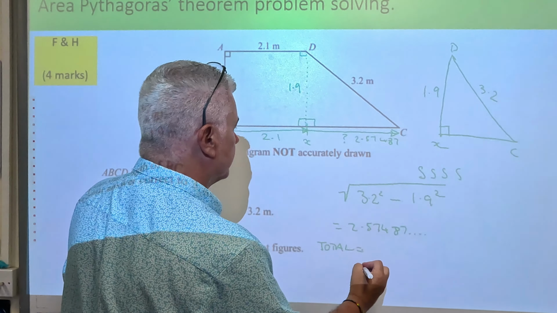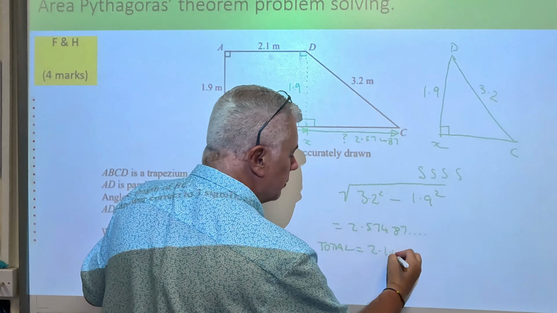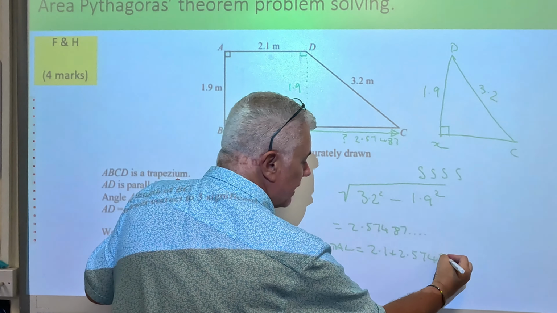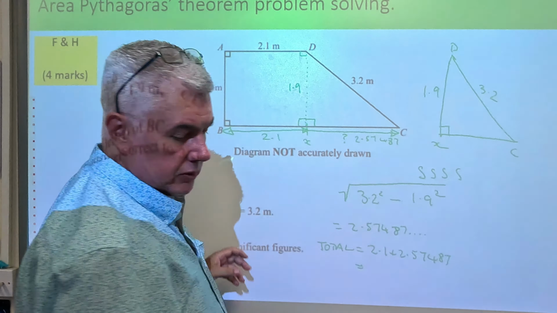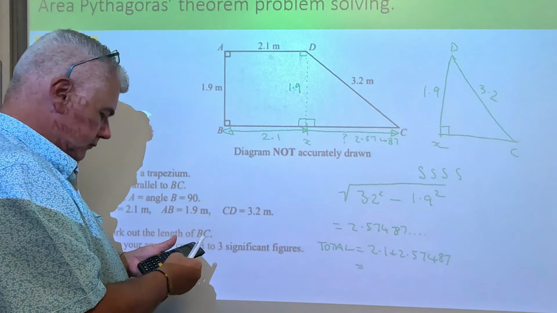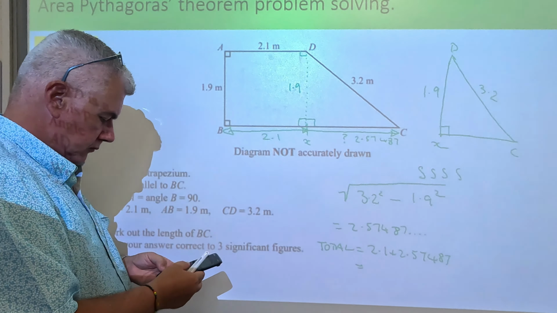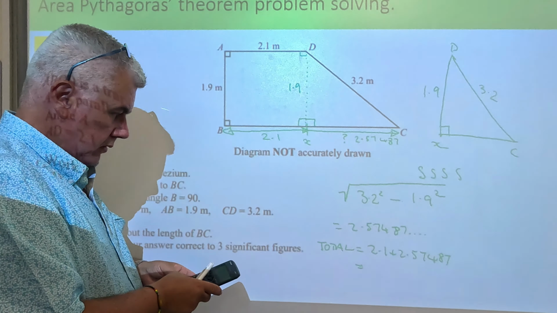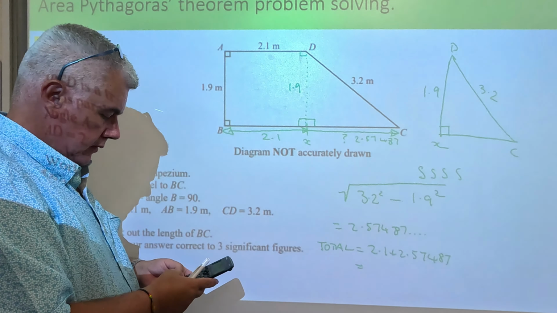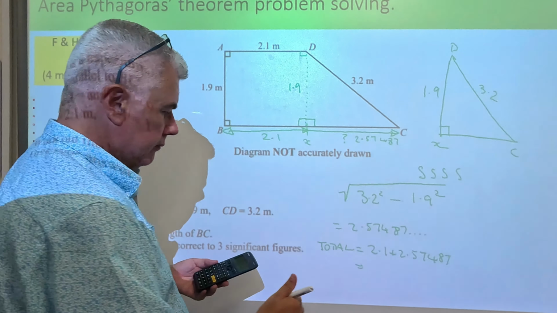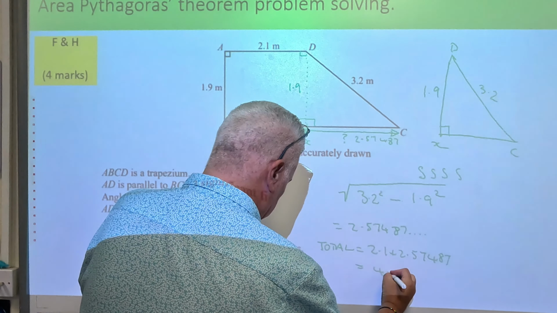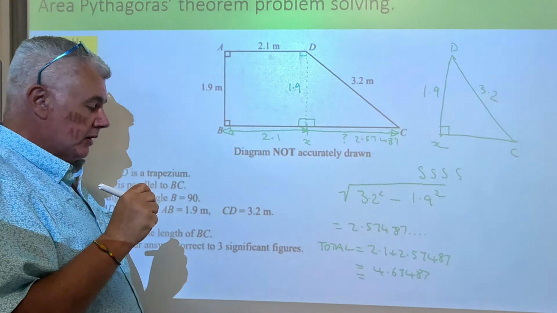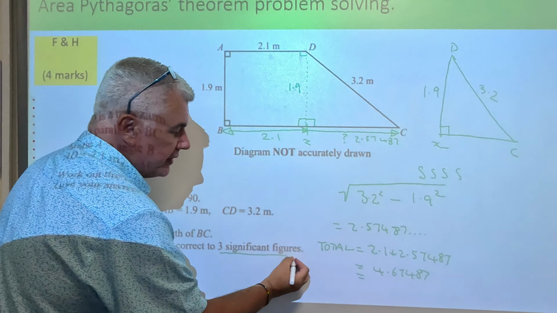Total equals 2.1 plus 2.57487, which equals 4.67487.